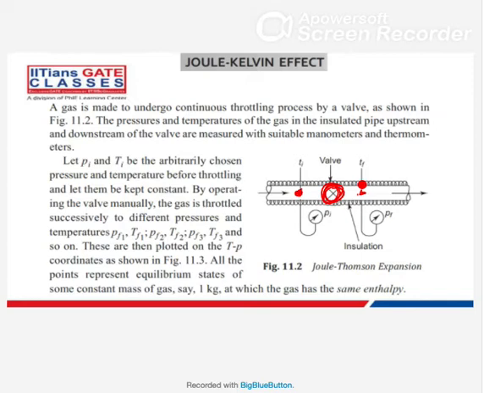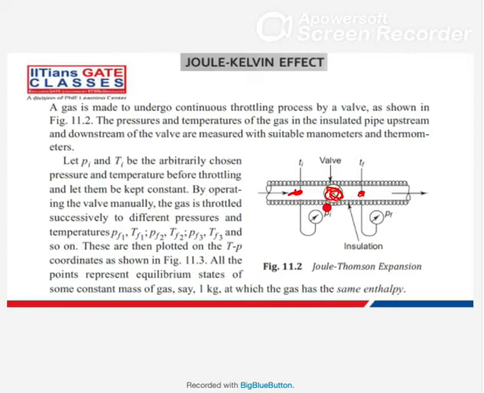One thing is sure: although the exit conditions are different, since it is an isenthalpic process, the enthalpy at the exit will always be the same, because the initial condition is the same. The only thing you are changing is the throttling valve opening and closing.